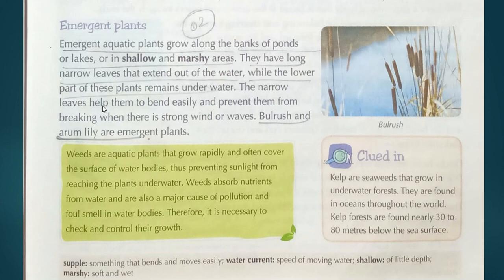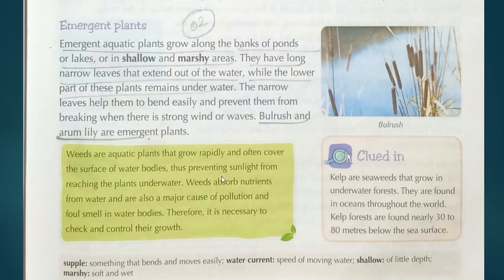The narrow leaves help them to bend easily and prevent them from breaking, and they are quite flexible when there is strong wind or waves. Some examples of emergent plants are bulrush and arum lily. Here's a beautiful picture, on the right hand side, of an example of emergent plants, the bulrush plant.